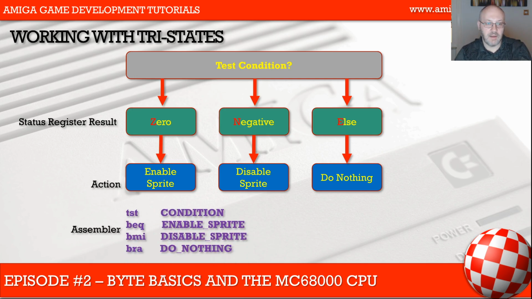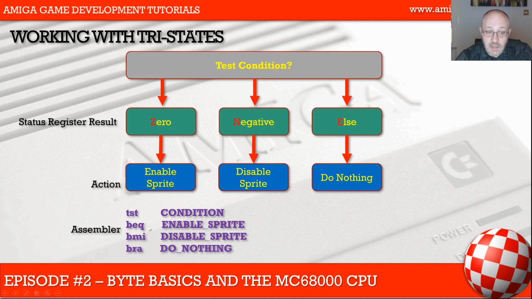And the way we do that is we use the test command, the TST assembler instruction. So we do test, then the condition, and we say branch if equal, which is BEQ, enable sprite, BMI, branch if minus, that is checking the negative flag, disable sprite.